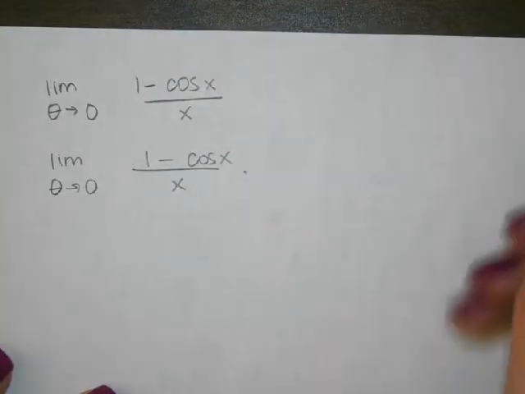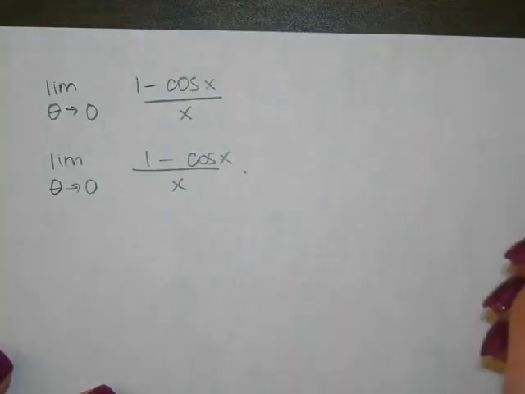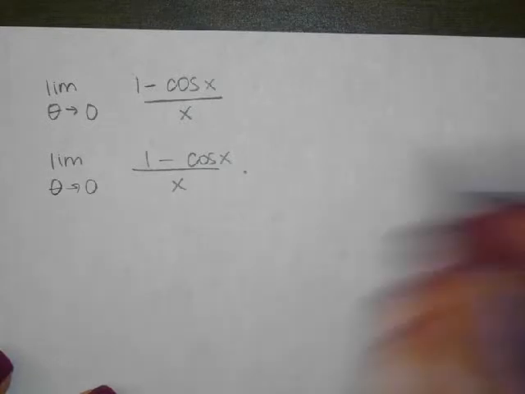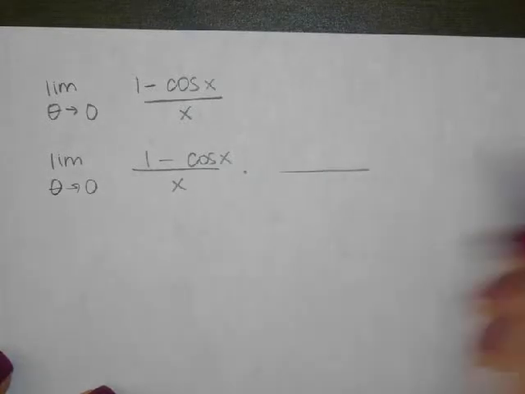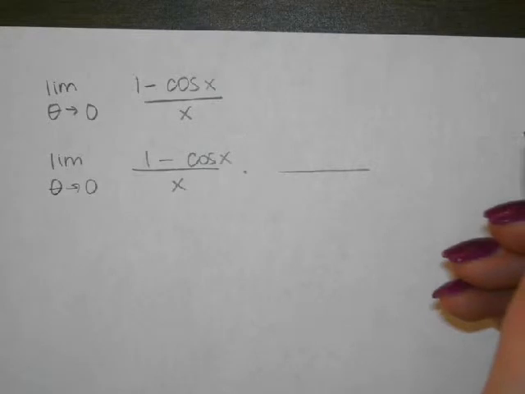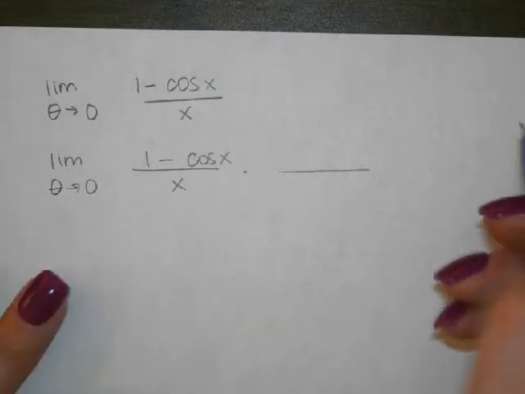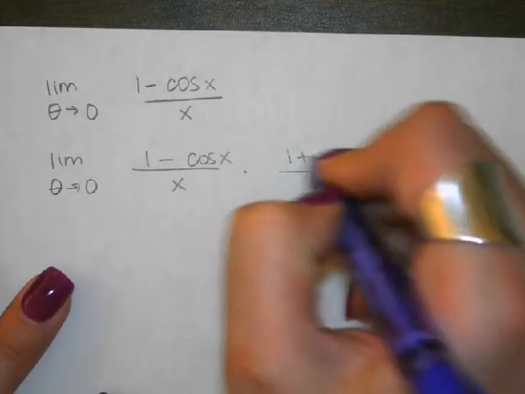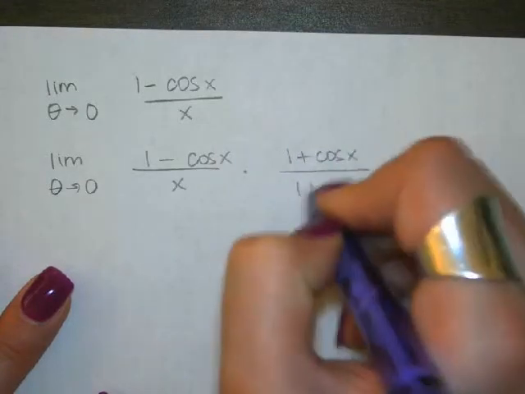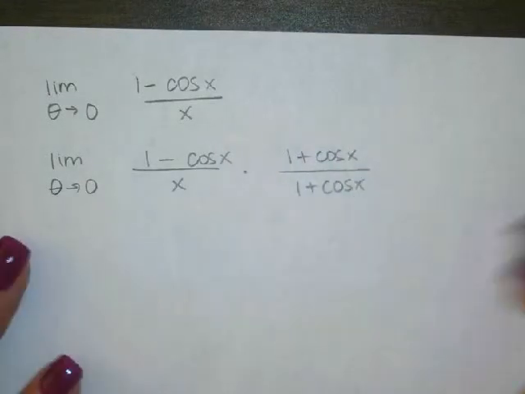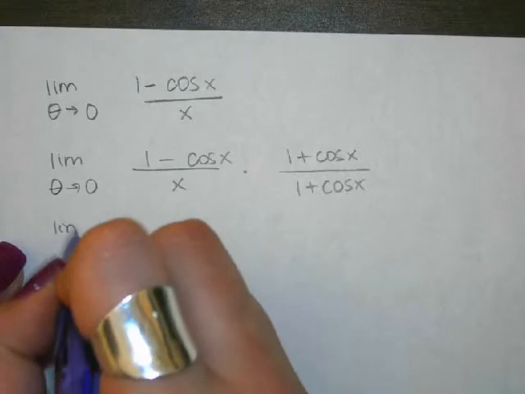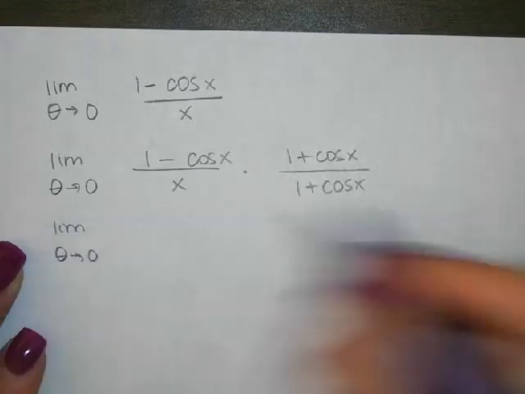What's the conjugate of the numerator? Anyone know what a conjugate is? Opposite sign, yeah. So it's 1 plus cos x. And so what does that give you on the top?